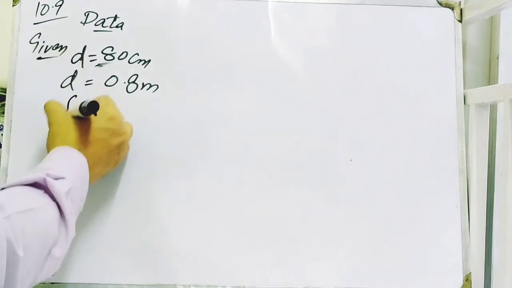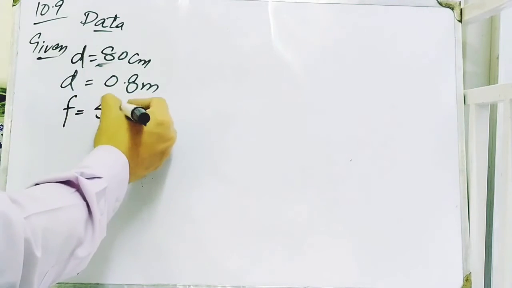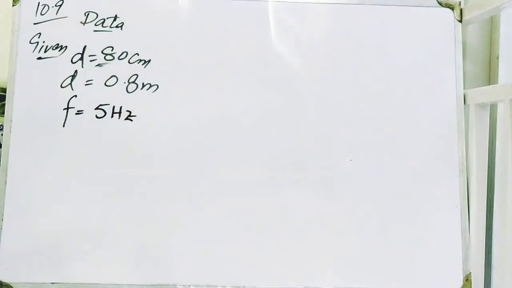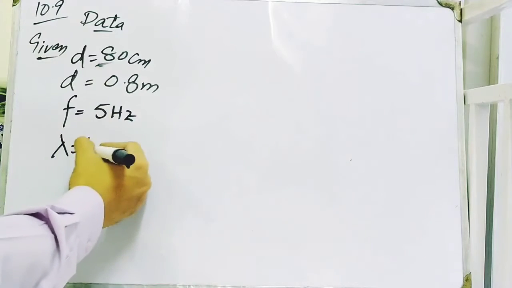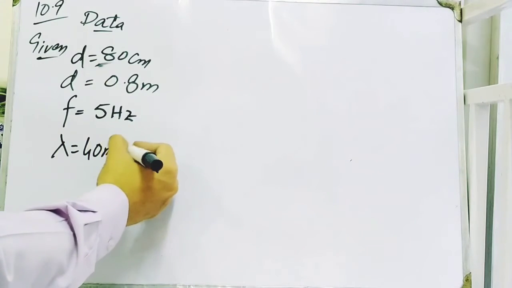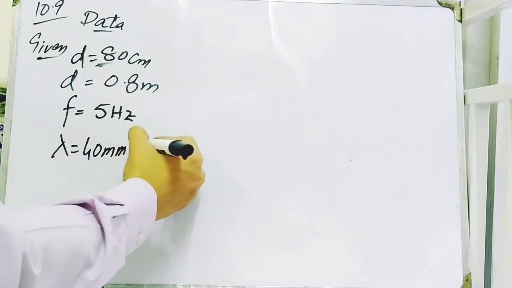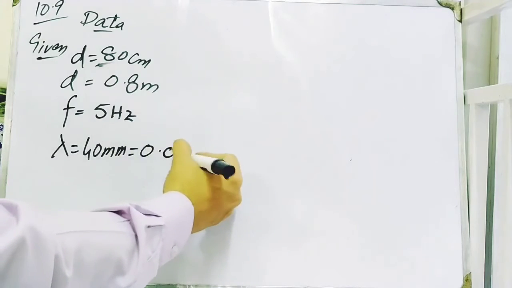This is the length of the ripple tank. A 5 Hz vibrator, so we have frequency 5 Hz, produces waves whose wavelength is 40 mm. Hence lambda is equal to 40 mm, which converted is 0.04 meter.